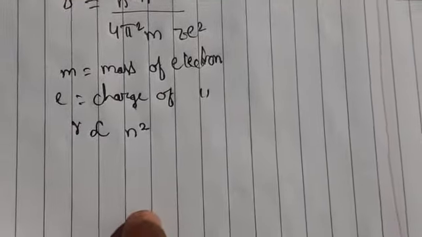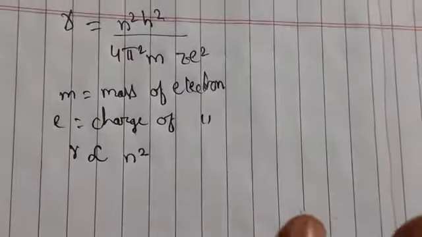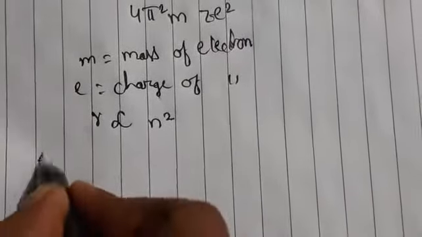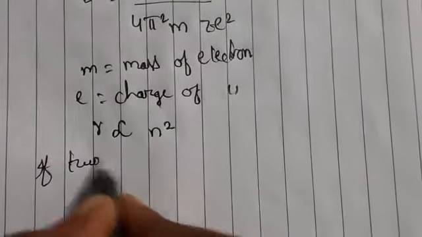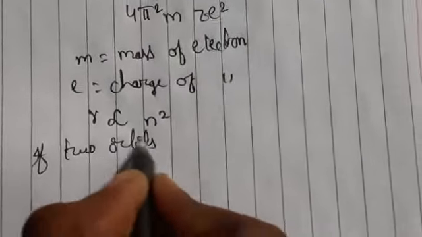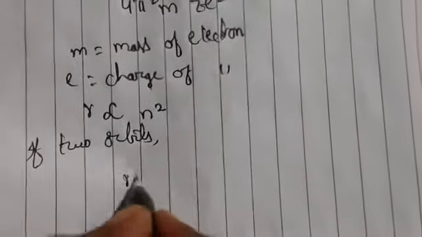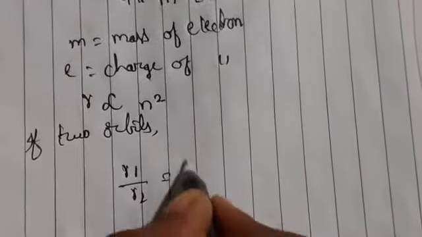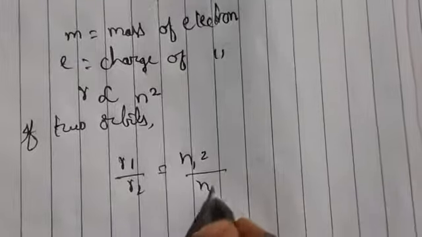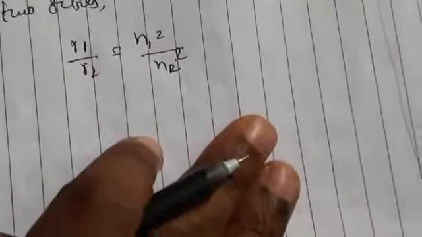So if two orbits are considered, then the radius ratio is r1 by r2 is equal to n1 square by n2 square. Here we are calculating about the hydrogen atom.